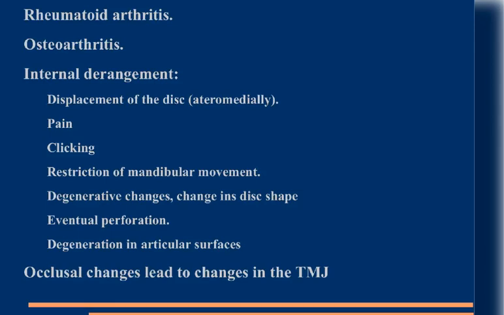Degenerative changes, if left untreated, may lead to perforation of the disc. Also, internal derangement of the TMJ includes degeneration in the articular surfaces, which is associated with rheumatoid arthritis and osteoarthritis as well.